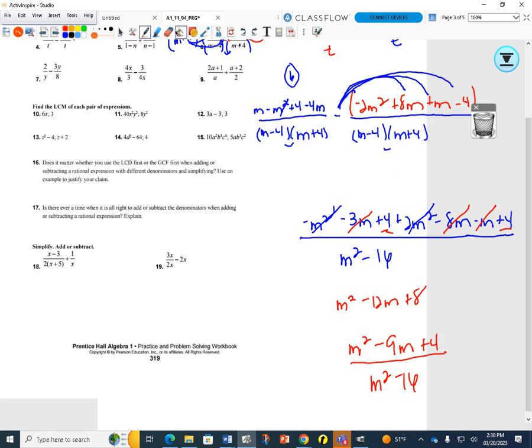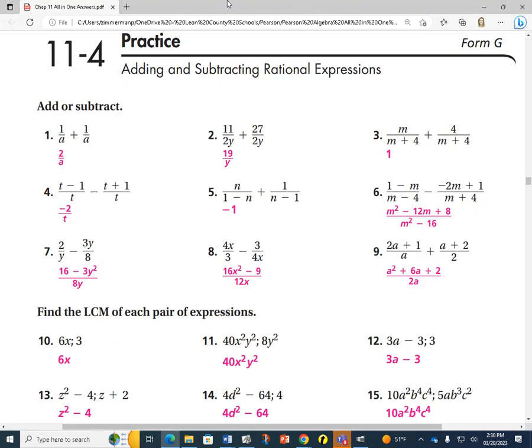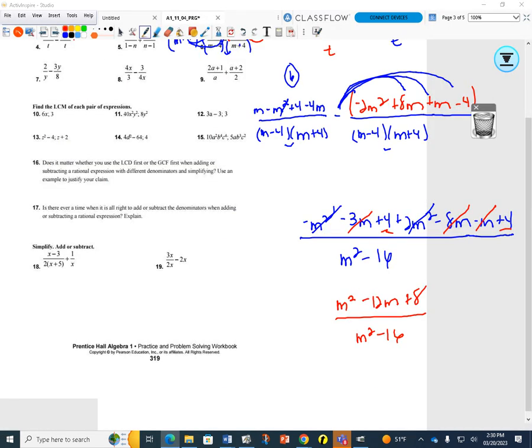And then that's not the right answer there. It's going to be simplified numerator over our simplified denominator. Make sure I got the right answer. m squared minus 12m plus 8. Yes. All right.